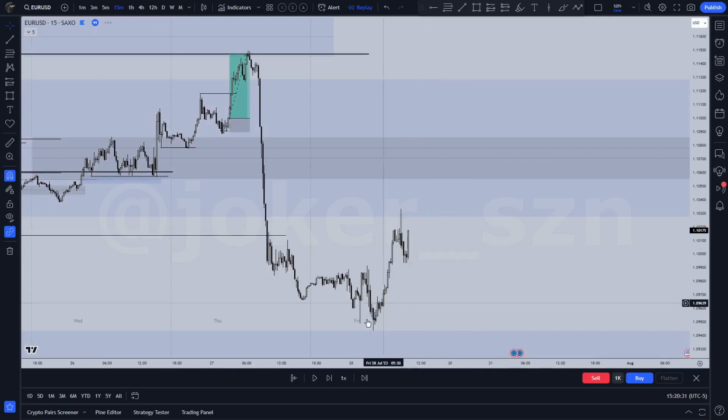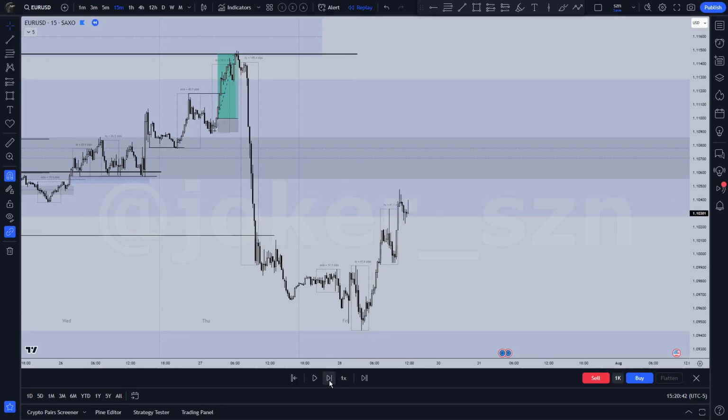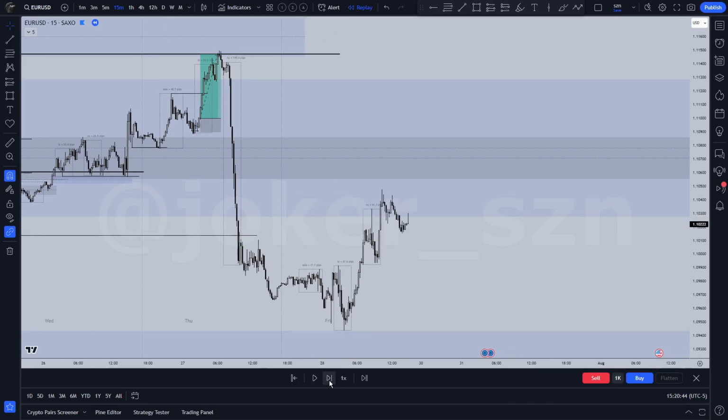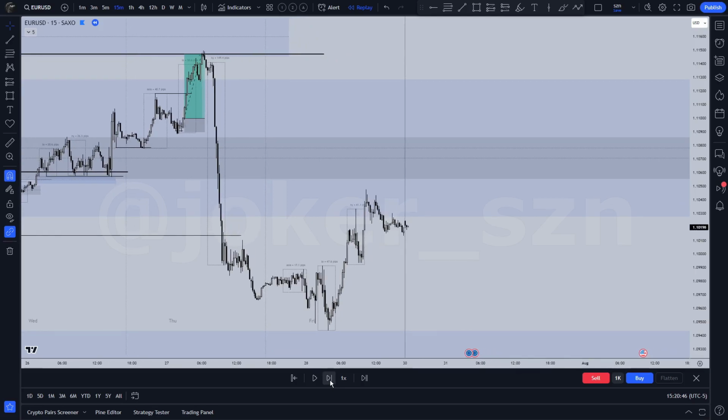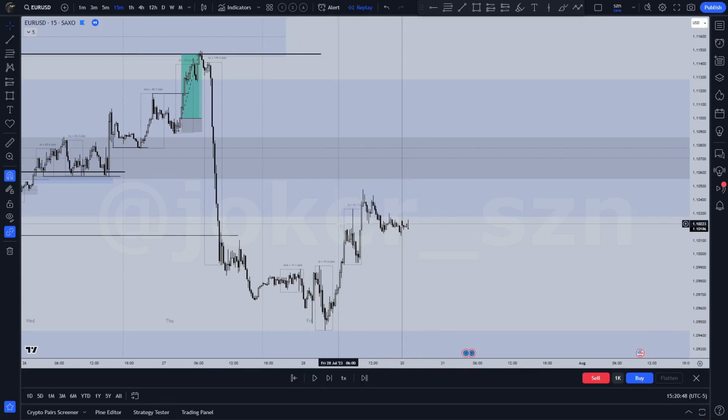So as you can see, Friday London session pretty much trading above the Asian highs, then a sell-off, and then we reverse again into the weekly close, and there we have the weekly close again.